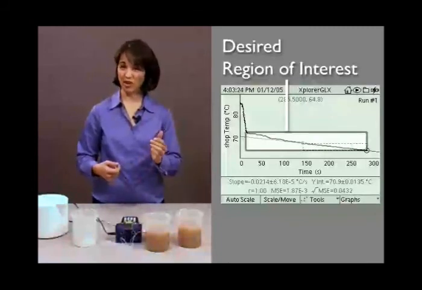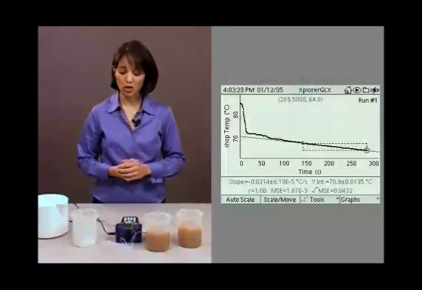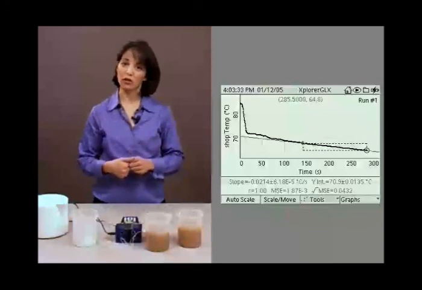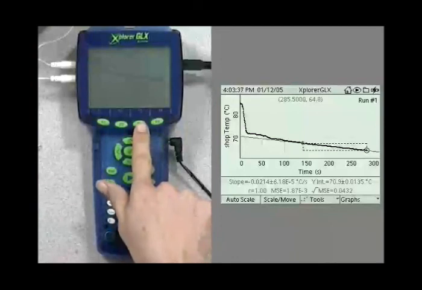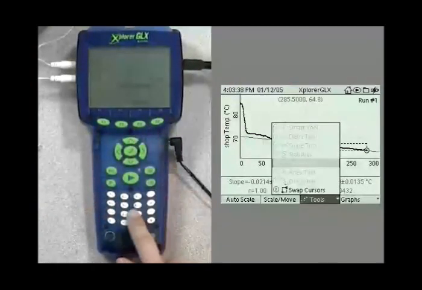I need to move the rectangle out a little more to the left side. So what I need to do is move my active cursor to the other side of that rectangle. You can do that, again, through your tools menu, F3. And the last item on there, item number 8, is swap cursor.